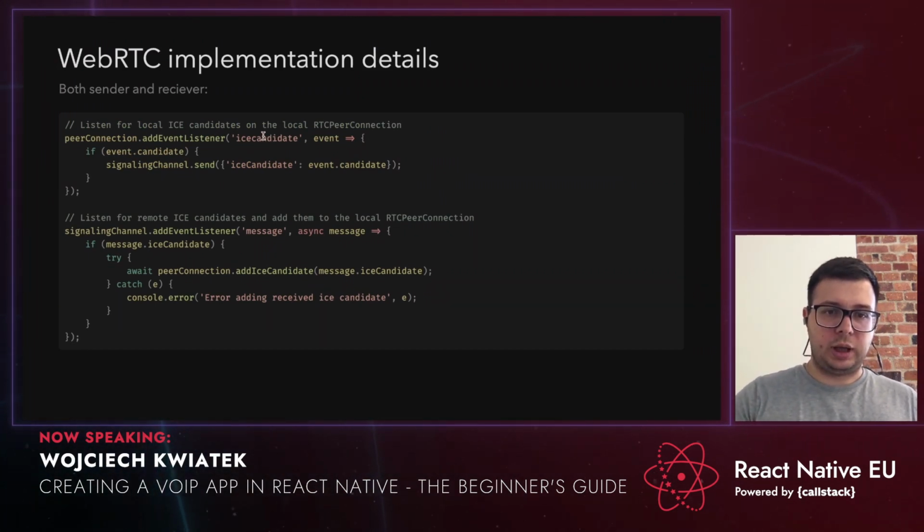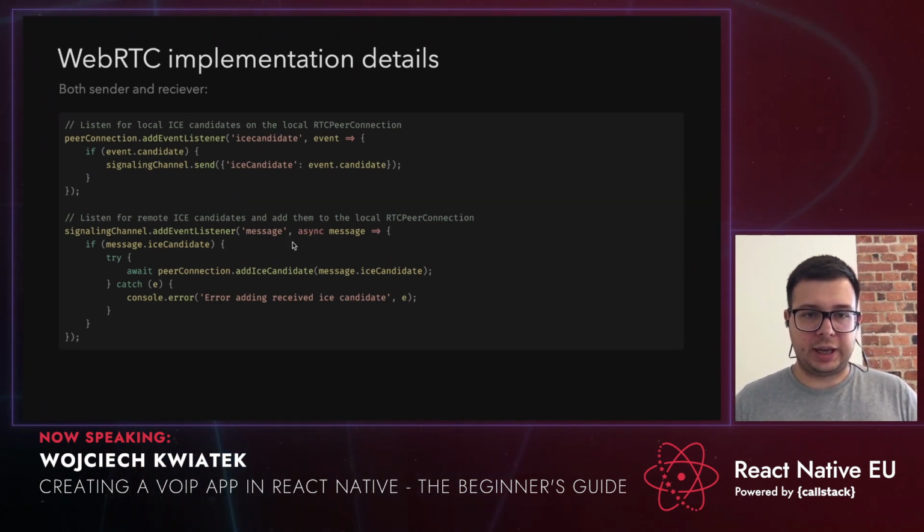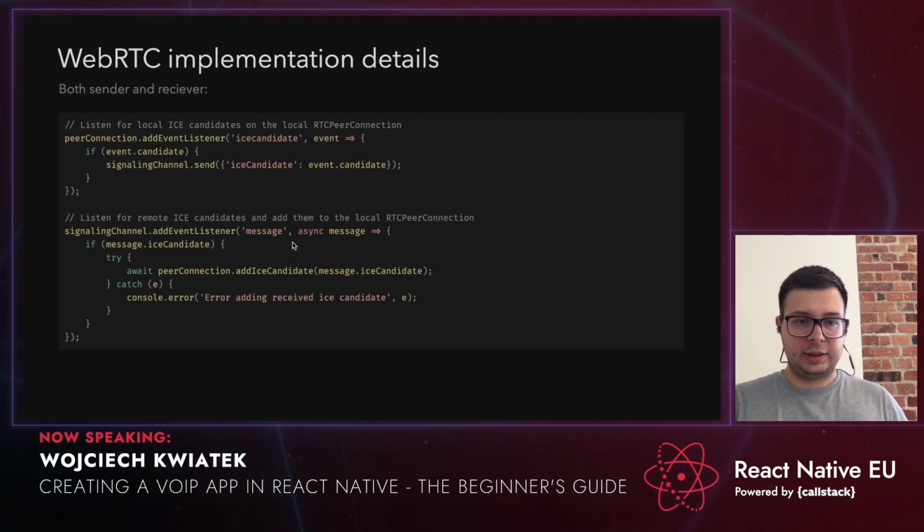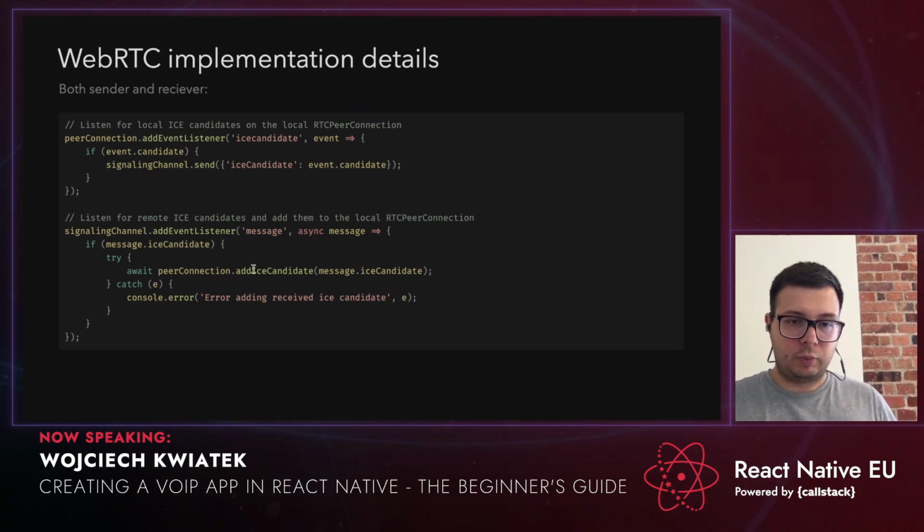As we get the ICE candidate, we should send it to the other channel. So we are sending the ICE candidate from one peer to another, and as we receive it, we are adding the ICE candidate to the peer connection.